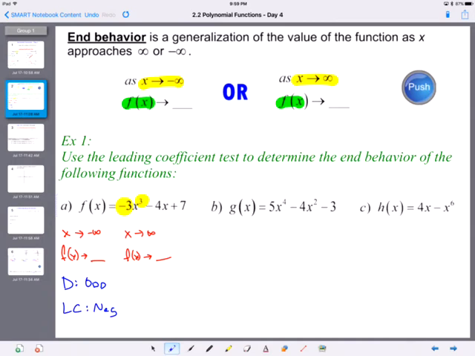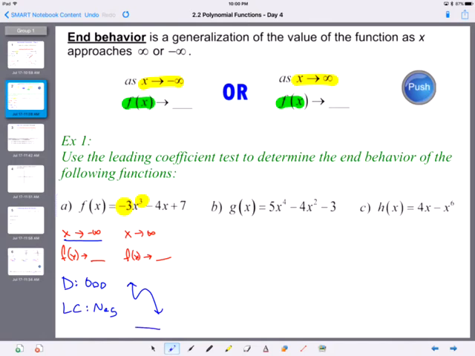Well, if it's odd, it's going to start and end in opposite directions, and since the leading coefficient is negative, it's going to be going down. So something like this. And now that you know what the graph looks like, you're asking yourself, as x goes to negative infinity, which is this one right here, where is the y value?